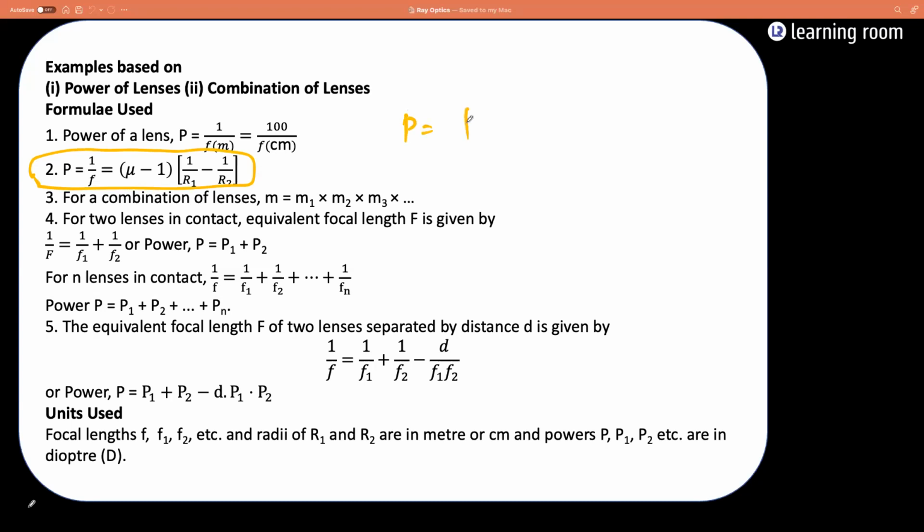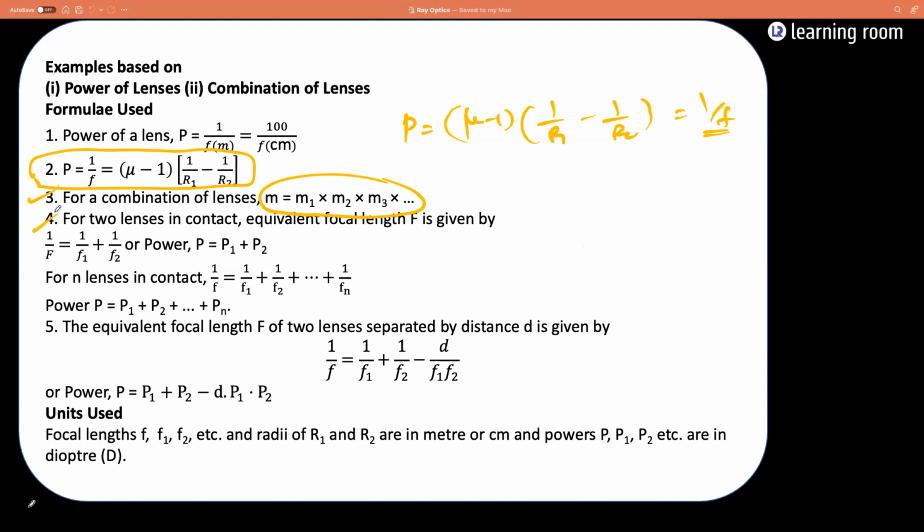So power will be equal to (mu minus 1) into (1 by r1 minus 1 by r2). Where did we get this from? From the lens maker's formula, right? Similarly, if two lenses are combined together, then m will be equal to m1 into m2 into m3 and so on till mn.